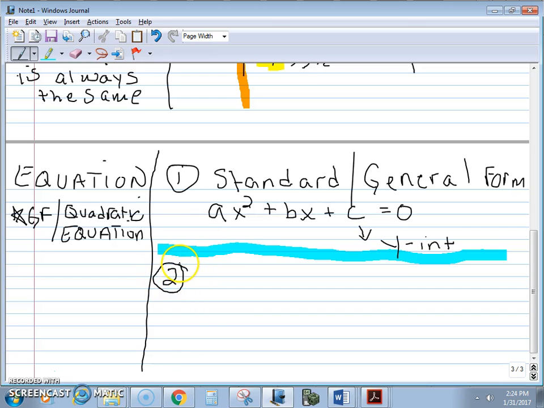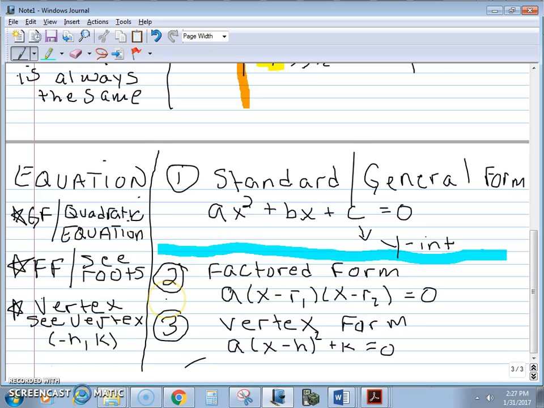The second one is factored form. Wait, I'm going to pause this so I don't run out of time to write them down for you. Okay, and I paused that, and now there's a lot more writing on there. So write this down, and then we'll start our next video where I will explain it. So you might need to pause this.